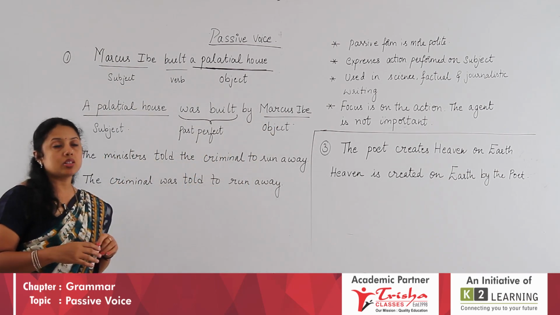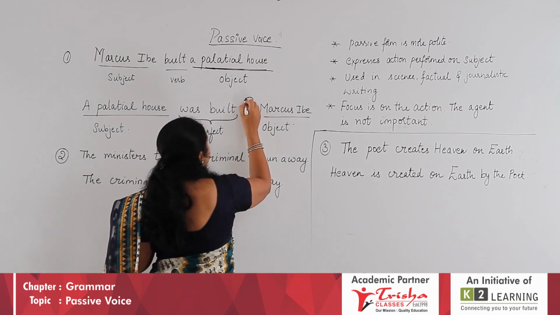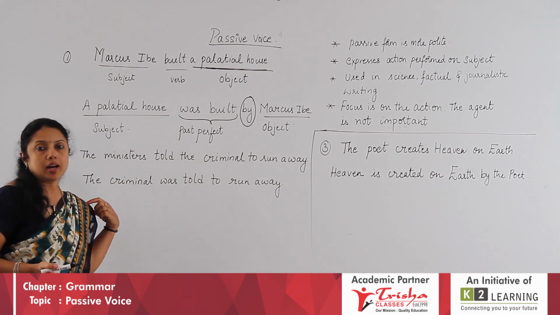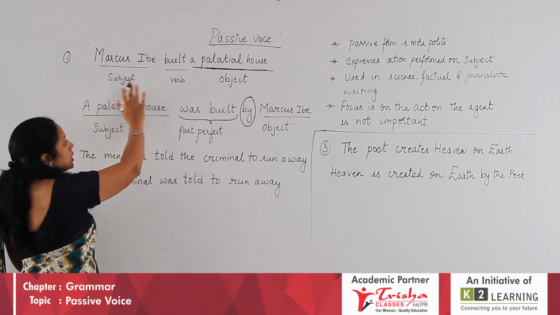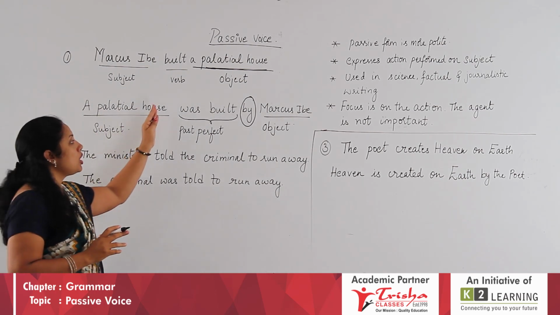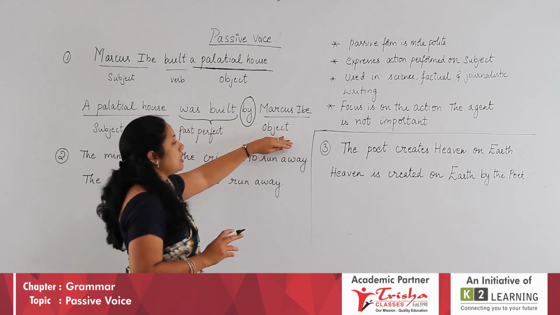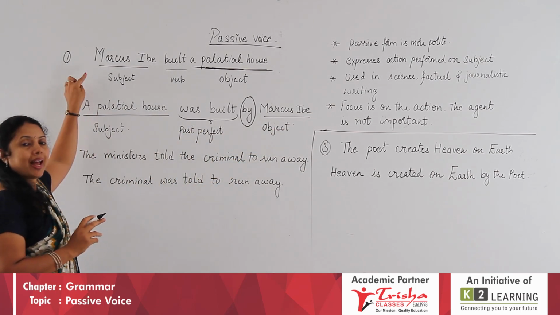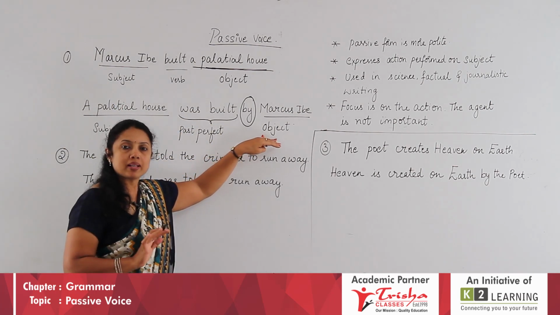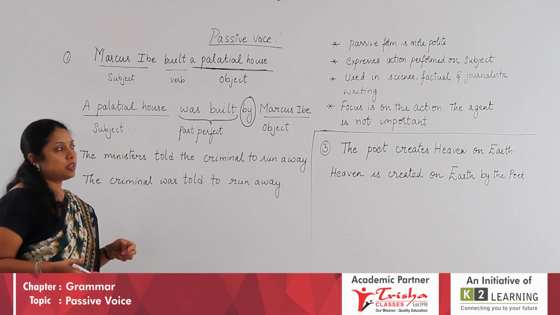That is how it is changed. There is an additional word, by, which tells us by whom the action is done. So the sentence changes to: A palatial house was built by Marcus Ebay. So Marcus Ebay, who was very prominent in the active voice, has become less prominent in the passive voice, and the object becomes the prominent factor.